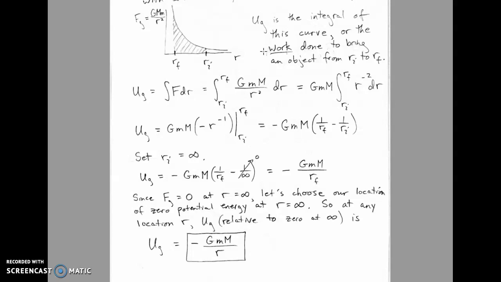That's your maximum value of UG, not your minimum, even though it's zero, right? We know the gravitational potential energy at r equals infinity is zero, but that's your max. And so everything else is negative. It's less than that. And that's an interesting effect here. We've always thought of gravitational potential energy increasing as you go further away from the Earth. It's still increasing, and it's increasing up until that maximum value of zero.